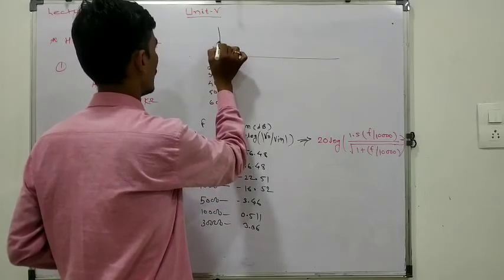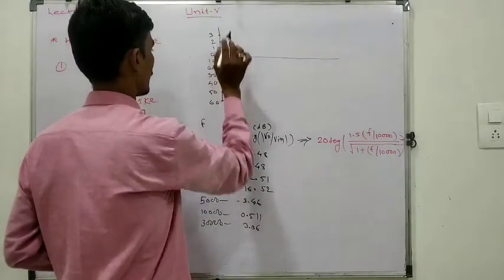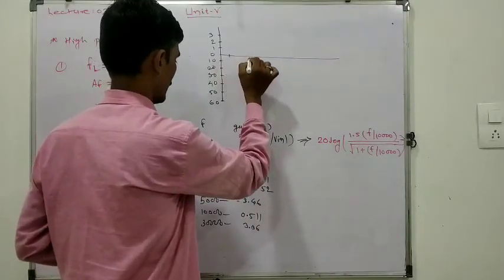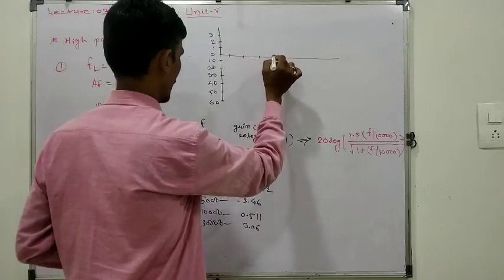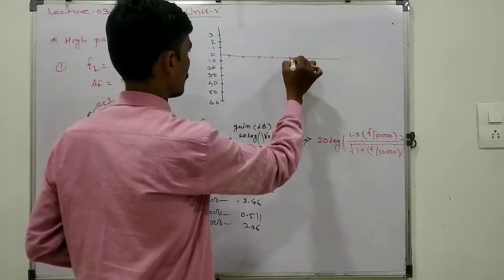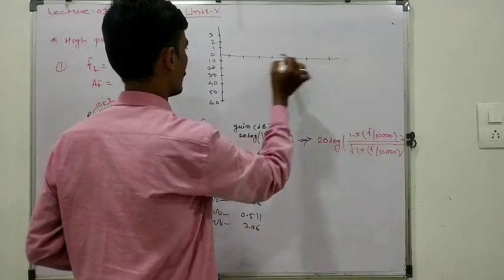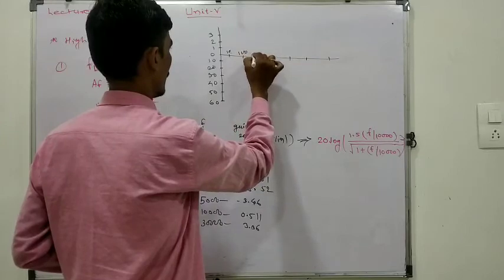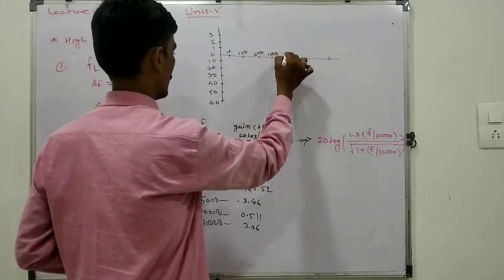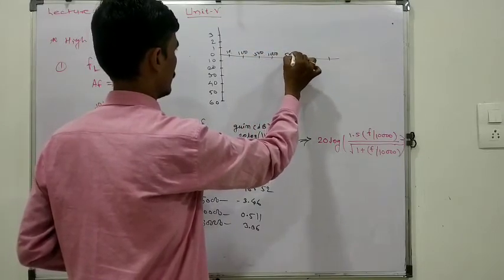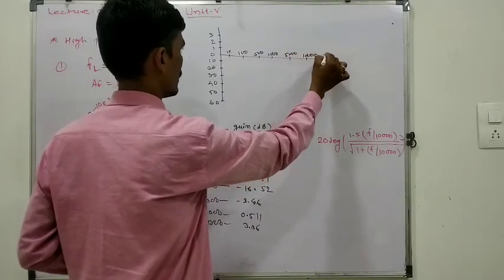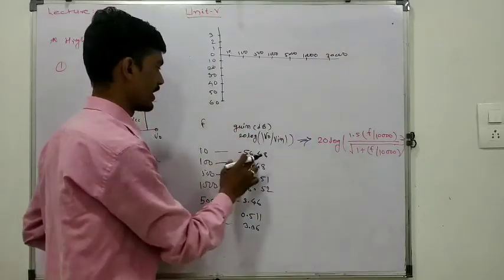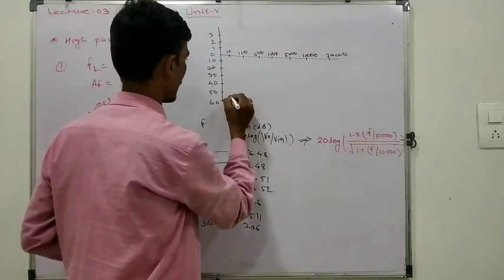On the x-axis we mark 10, 100, 500, 1000, 5000, 10,000, 30,000. The first point is at 10, where we are getting minus 56.